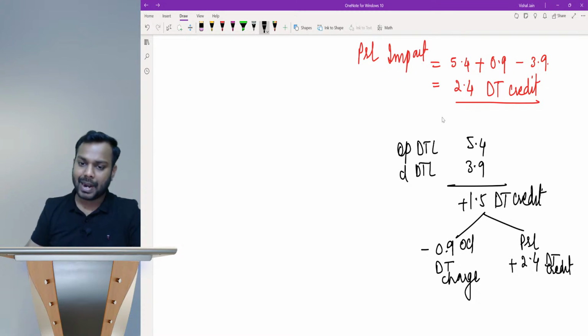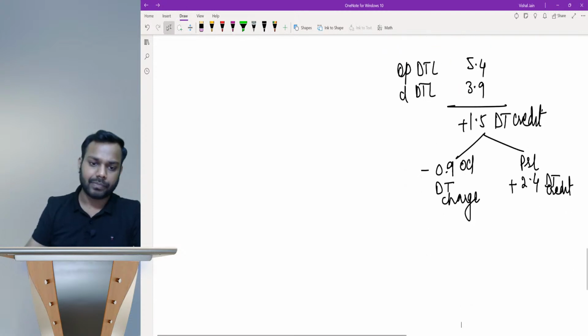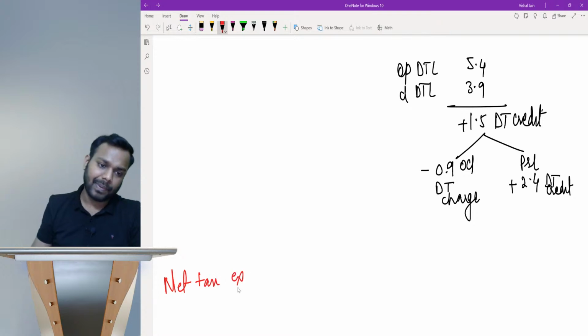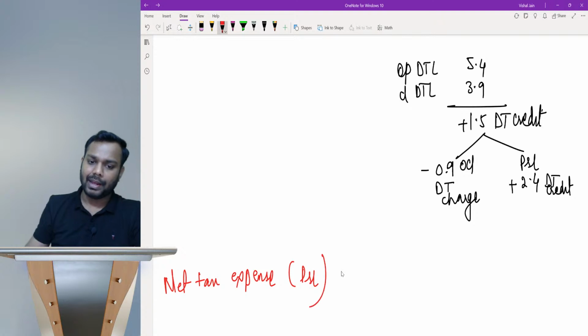Now what is the P&L impact of deferred tax? 2.4 million, right? So what is the net P&L impact? The net tax expense that will be recorded in P&L is how much?